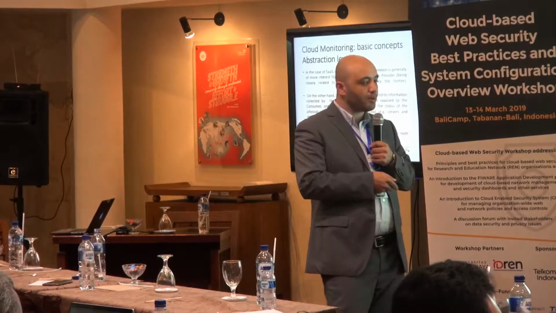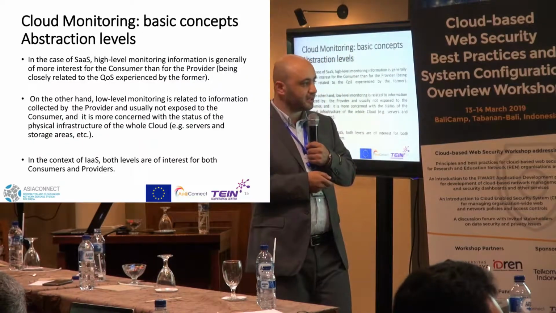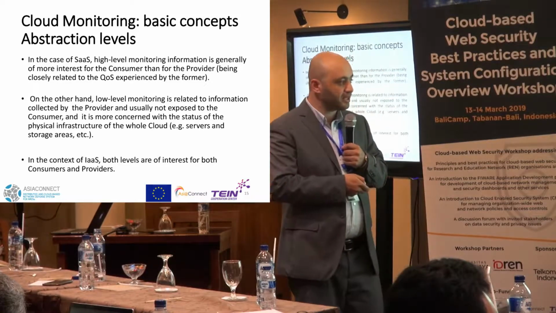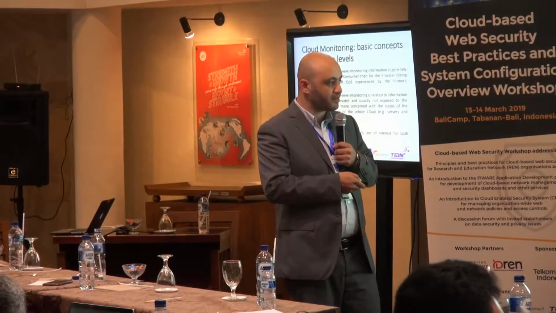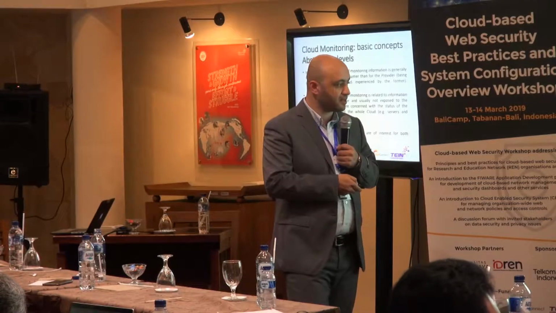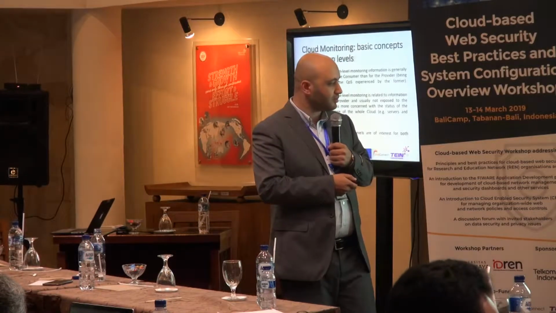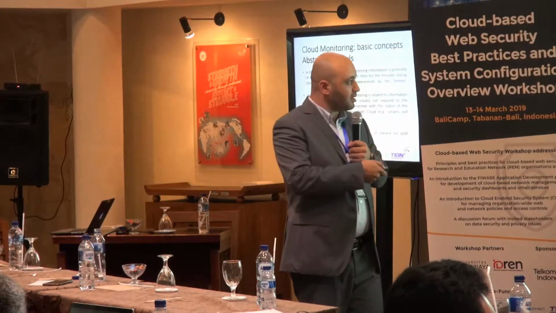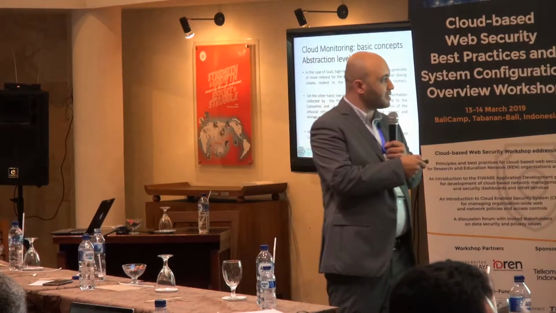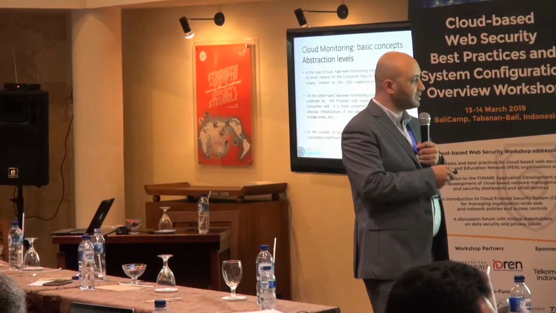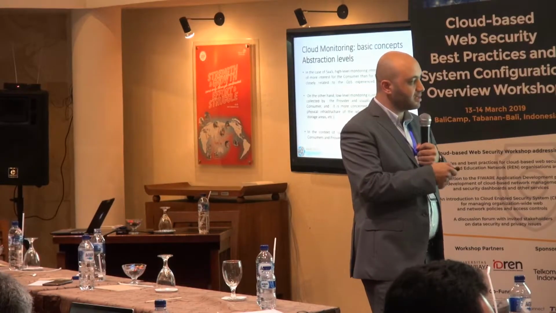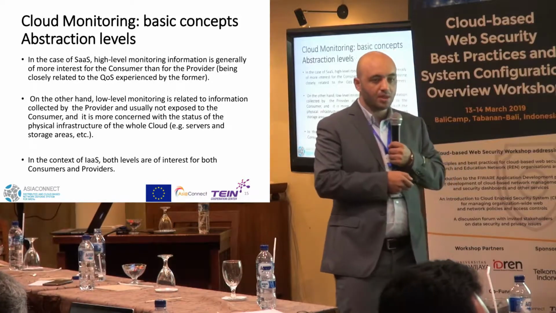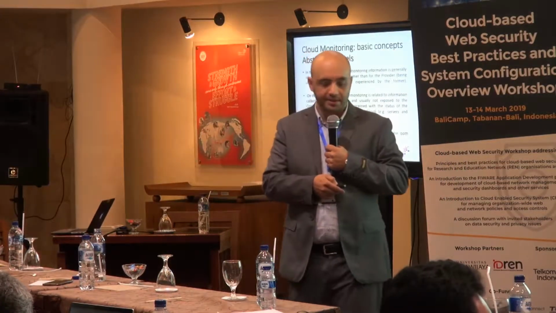But low-level monitoring is related to information collected by the provider and usually not exposed to the consumer, and it's more concerned with the status of the physical infrastructure. So the high level is more for SaaS, and the low level provides more information for the providers to know the status and the QoS of the network.